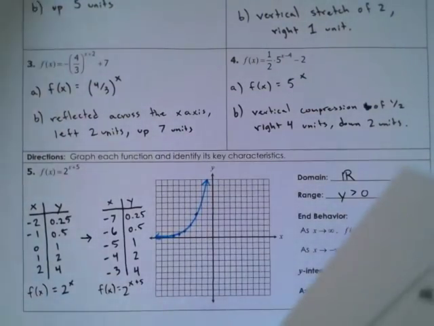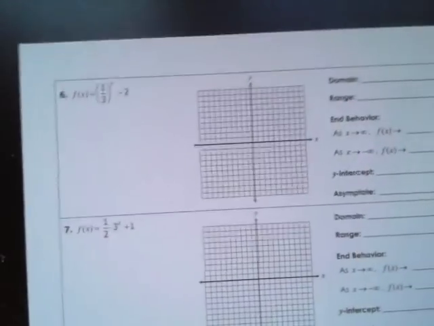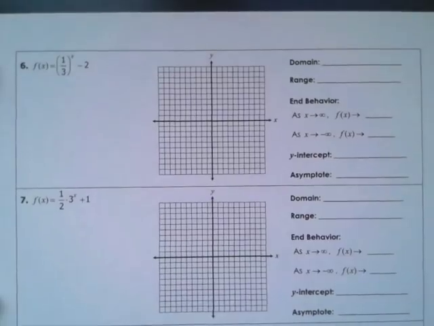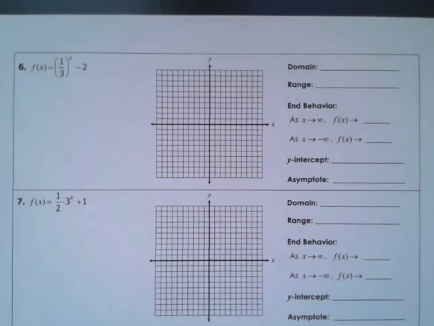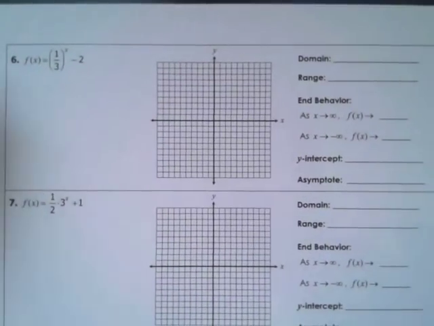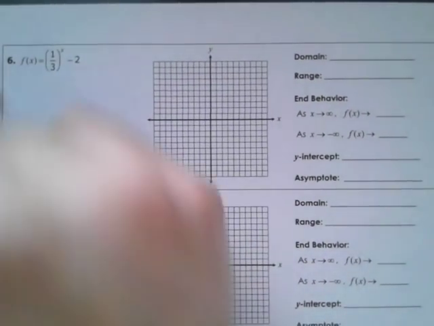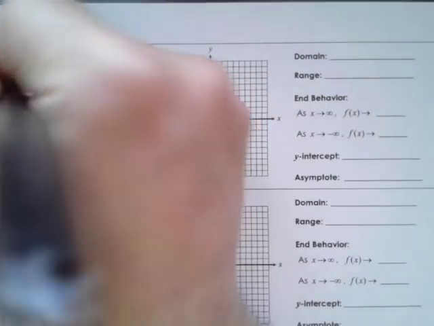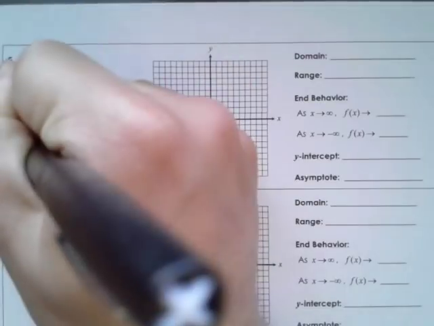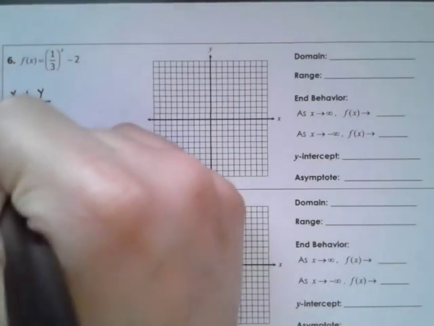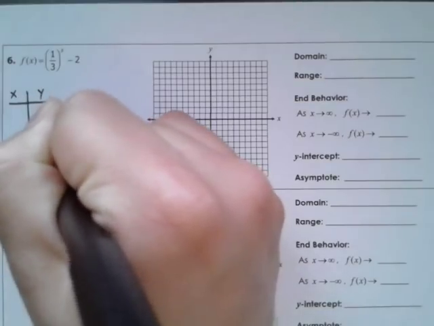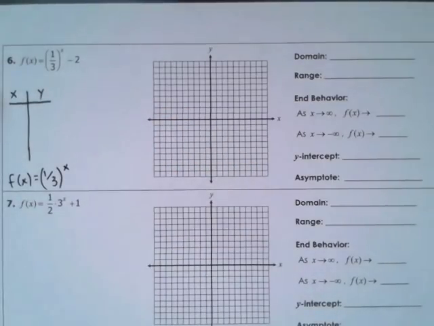Next example, I have f of x is equal to 1/3 to the x minus 2. So same thing, I'm going to create my table x, y, and then my parent function here, f of x, is equal to 1/3 to the x.